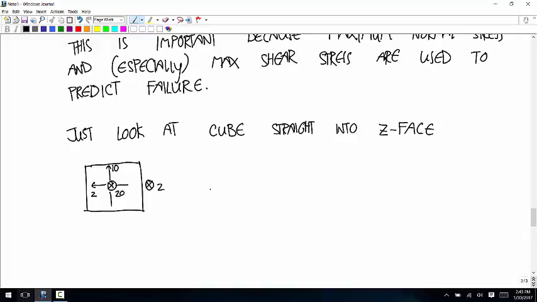Any normal stress on the x face? Okay. And then what on the y face?